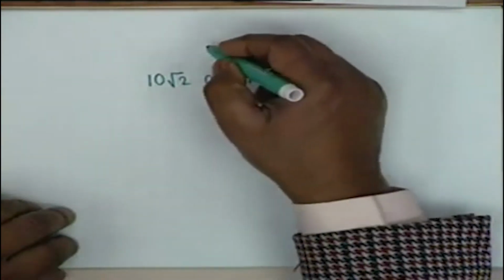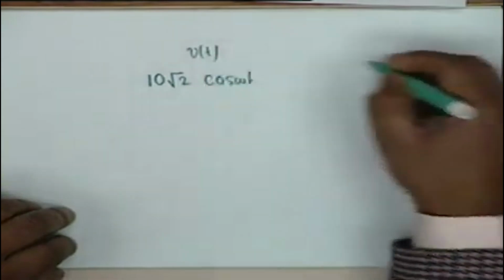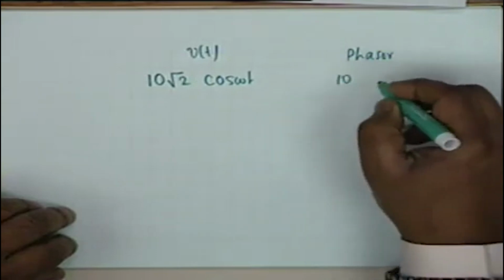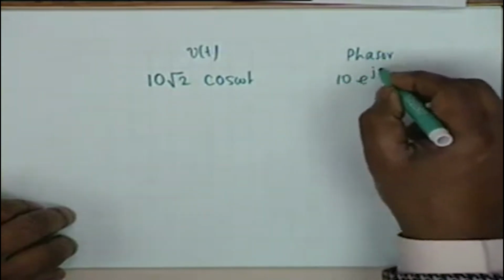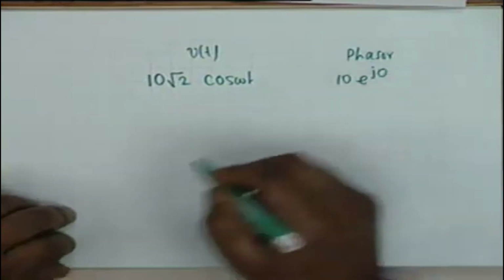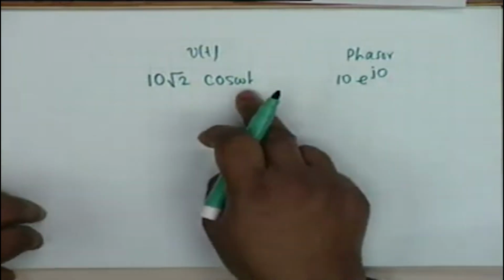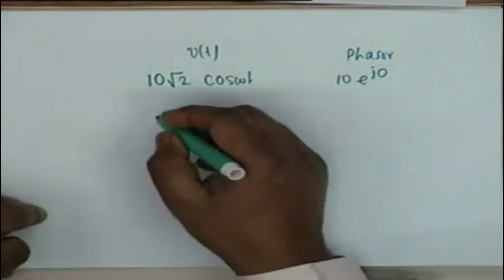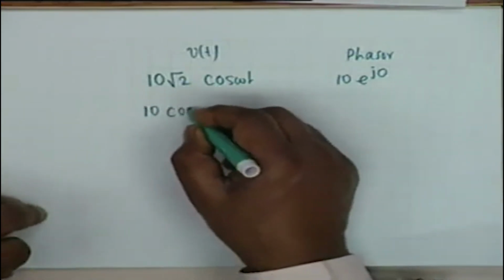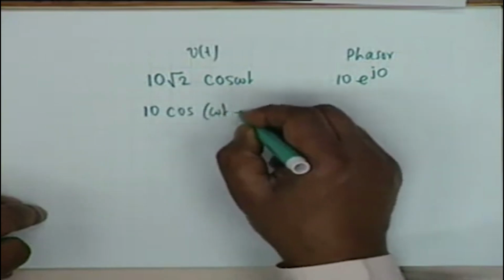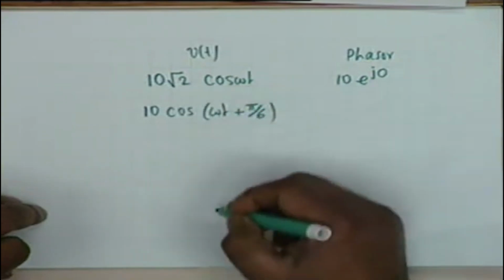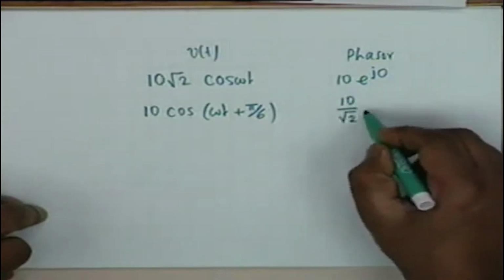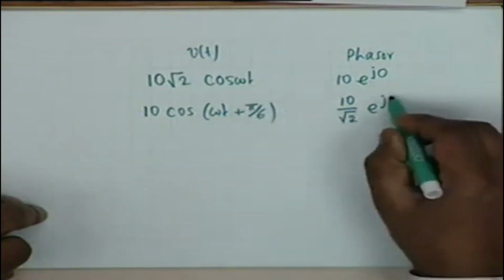What would be its phasor? Its phasor would be 10 e to the power j0. There is no theta, theta is 0, so this is its phasor representation. If we have 10 root 2 cosine(omega t plus pi by 6), then its phasor representation would be 10 e to the power j pi by 6.